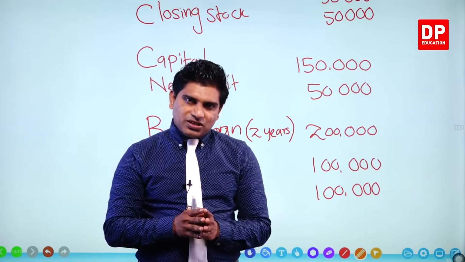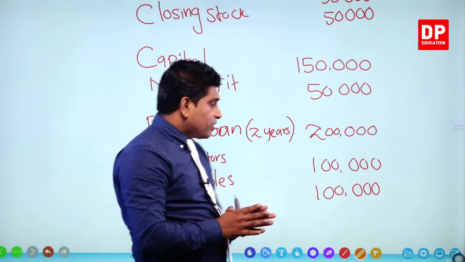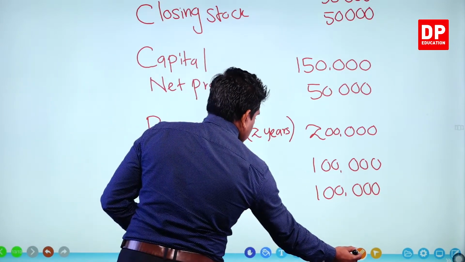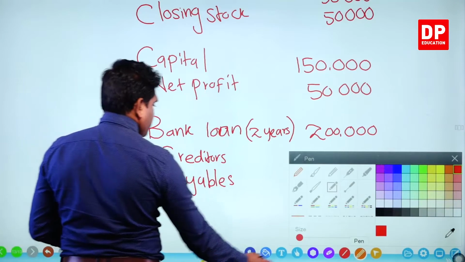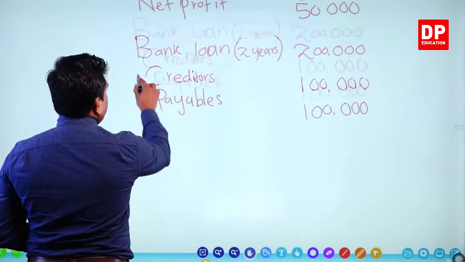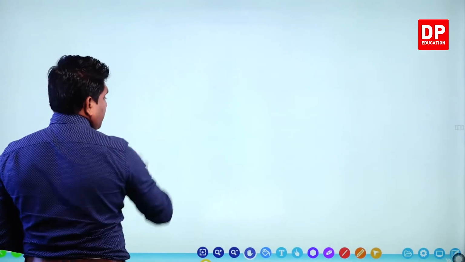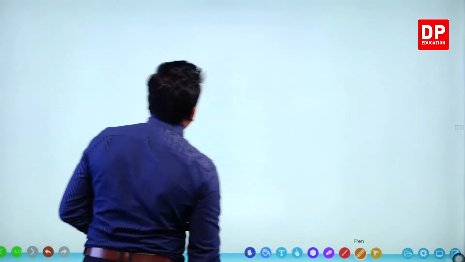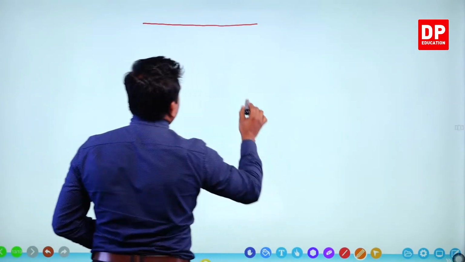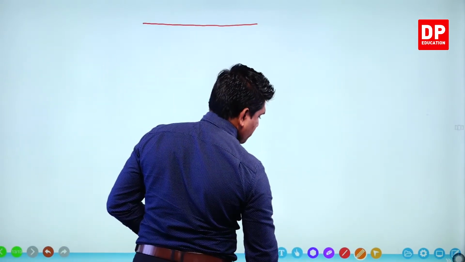Now, you draw a statement of financial position to enter these details, right? With 2 columns.